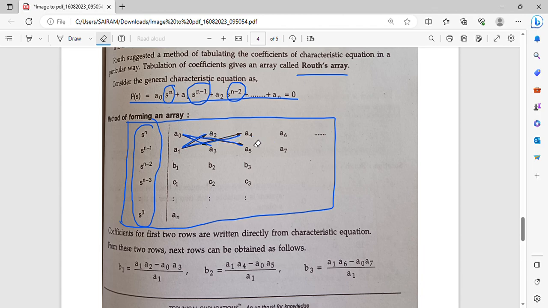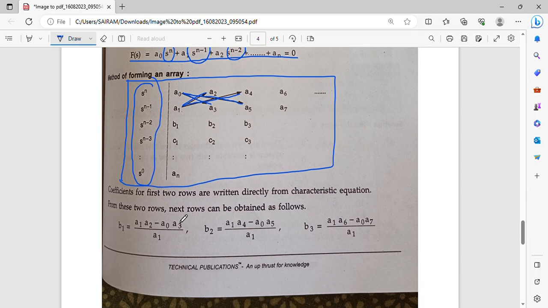You can see the coefficients of the first two rows are written directly from the characteristic equation, and from these two rows the next rows can be obtained as follows. So the coefficients of the first two rows are directly written from the characteristic equation.